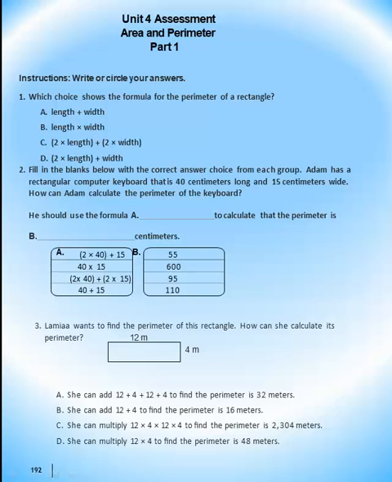Which choice shows the formula for the perimeter of a rectangle? We know that we have three formulas to calculate the perimeter of a rectangle. First one, length plus width plus length plus width.